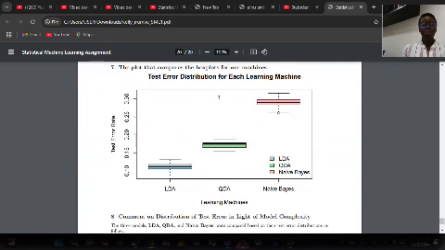When we compare those models with the test error distribution using box plots, and when I say LDA, I also say FLDA, we can see that the LDA is the best model to use.